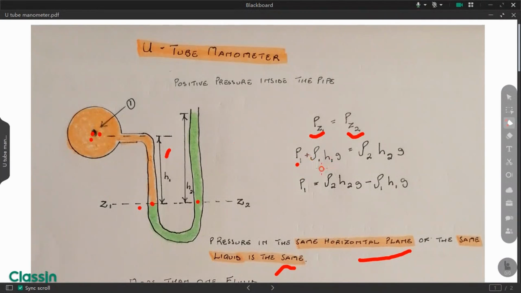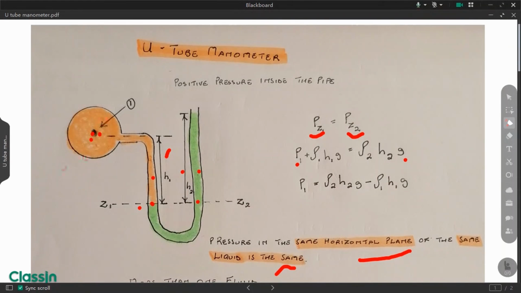So it will be the density of this fluid multiplied by the pressure head, multiplied by the gravitational acceleration, would be equal to the density of this second fluid on the right limb multiplied by H2, which is the pressure head, multiplied by the gravitational acceleration. So P1 would be equal to rho 2 H2 g minus rho 1 H1 g. So this indicates the pressure inside the pipeline is positive.